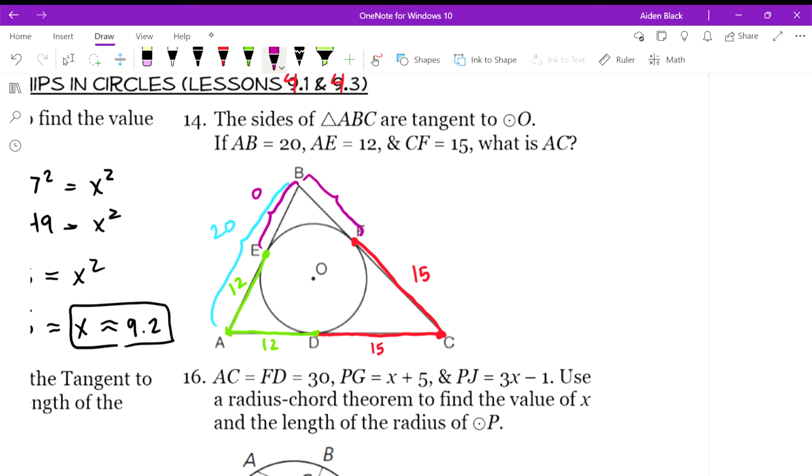So this must be 8, which means that this is 8, since those are congruent segments. It's asking for AC. So AC we could have got a while ago. It's 12 plus 15, so 27.